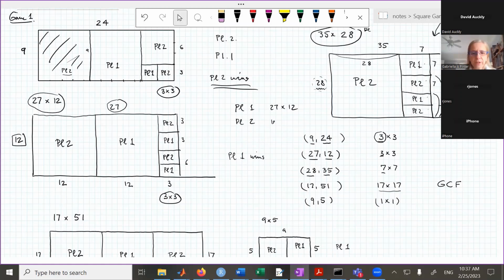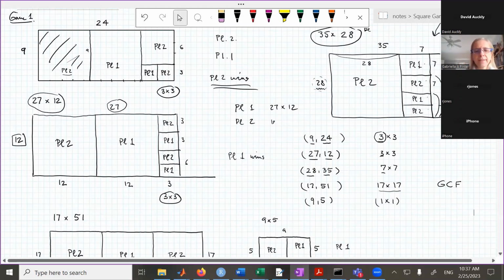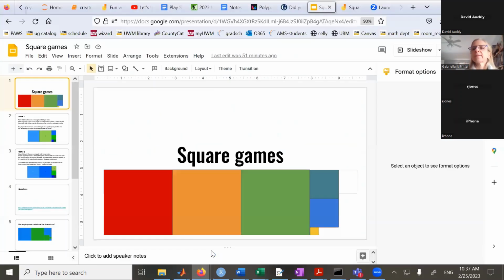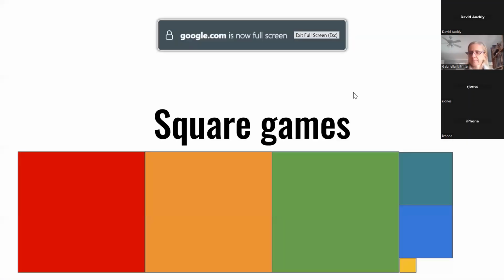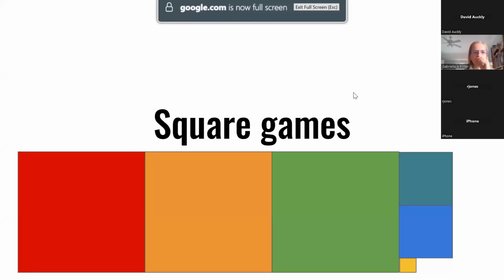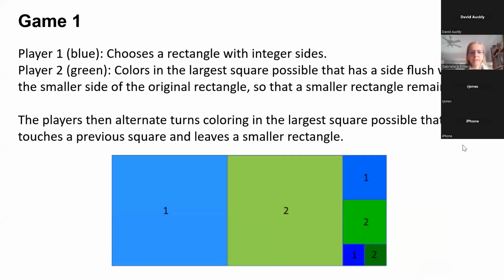And I have a picture that maybe shows this a little nicer. So I made a slideshow of this too. So this was game 1, right? Where player 1 draws in the square, player 2 then goes largest square possible, then player 1, then player 2, and then again 1 and 2.